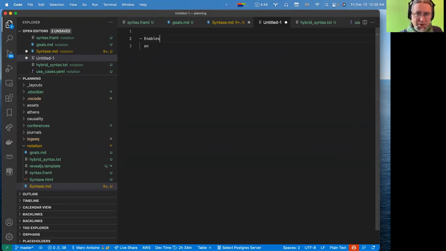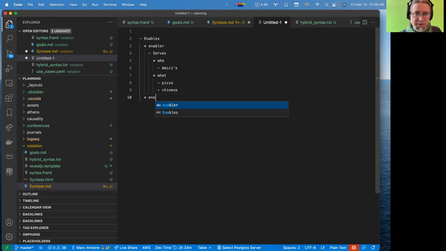So actually it's enables, enabler, that's the role, serves, who, Amicis, what, pizza, Chinese, and the other role is enabled, wants to eat, which I think is really weird.